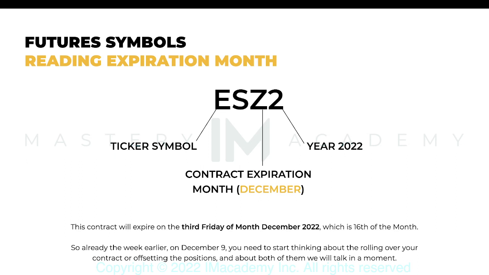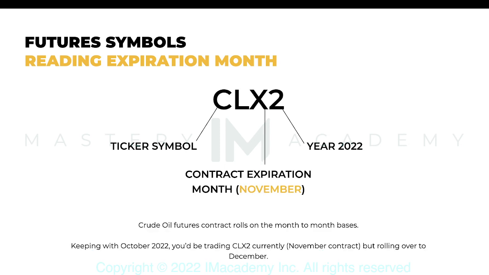Okay, so we have this futures symbol in front of you. Now let's talk about another example of a popular futures contract, which is crude oil. A lot of you know that I love crude oil, so I couldn't miss that. We have the futures contract with ticker symbol CL, which stands for crude oil. The contract expiration month is X, which is November. And you're asking yourself why for mini S&P 500 it's Z, while for crude oil it's X. Well, it's because crude oil futures contracts expire on a monthly basis.